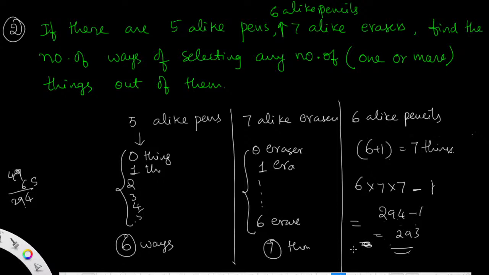Total number of ways. Okay. One or more, so the case of selecting 0 things we subtract, so all these minus 1 we can do.